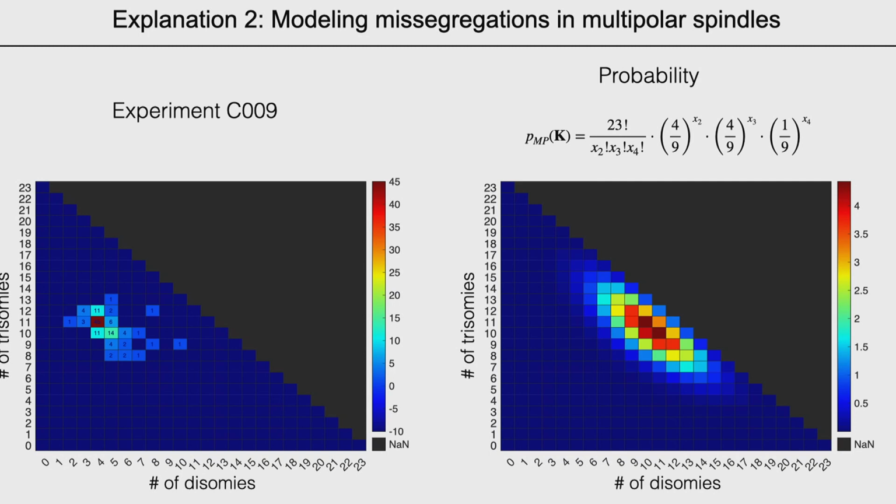So they are also pretty much close to this cloud. So this suggests that multipolar spindle can explain this dramatic transition from diploid states to these really aneuploid states.